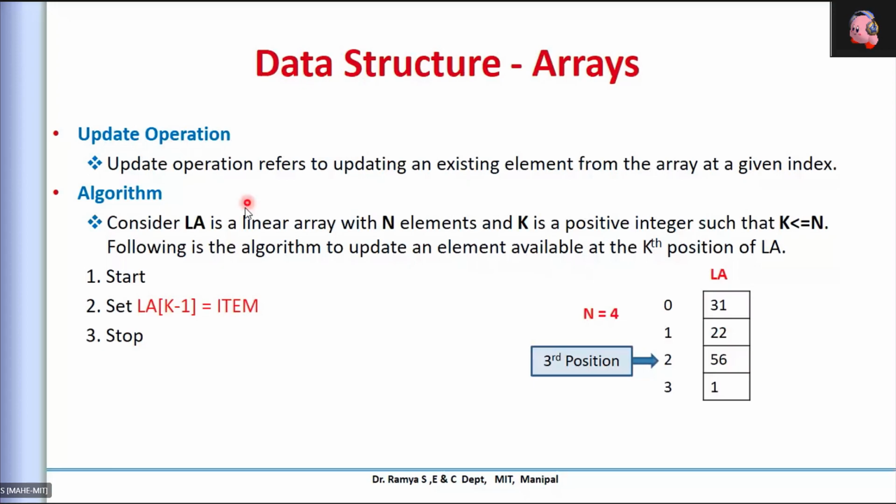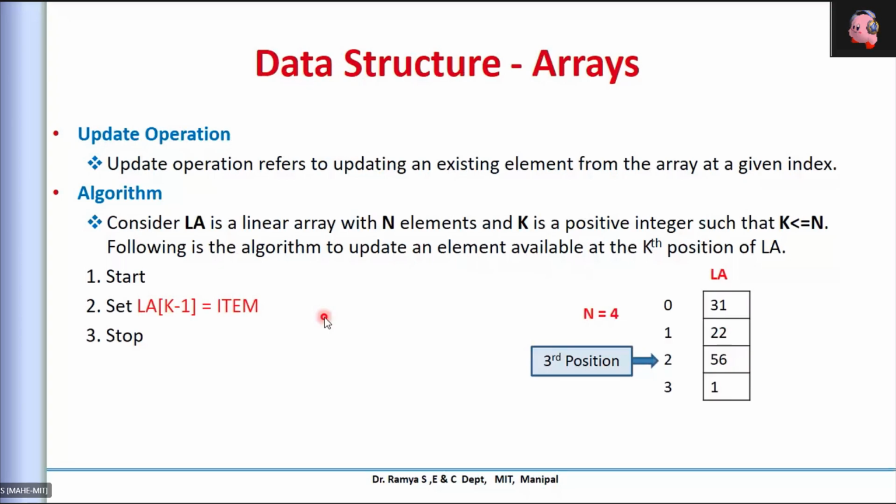In this case, positioning in the array is very easy. If I take the array A of 2, I'm just assigning the value to it, because in an array the values are stored continuously, so updating will be easier. But in the case of a linked list it will be tedious.